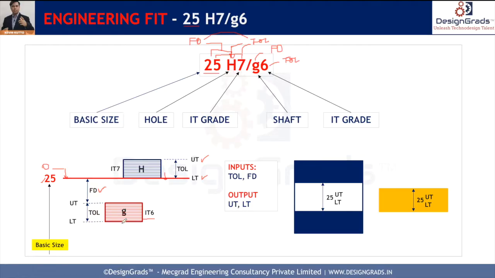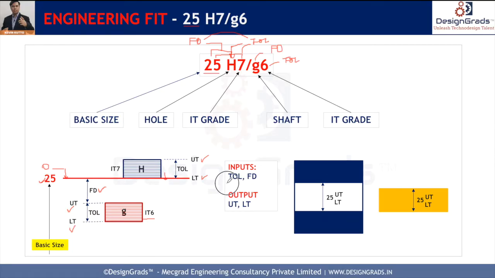Similarly, for the shaft also, if we know the fundamental deviation, that means how far this block is placed from this 0 line, and once we know the IT6 grade tolerance, that means the height of this, we can easily find out upper tolerance and lower tolerance on this 25 basic size.